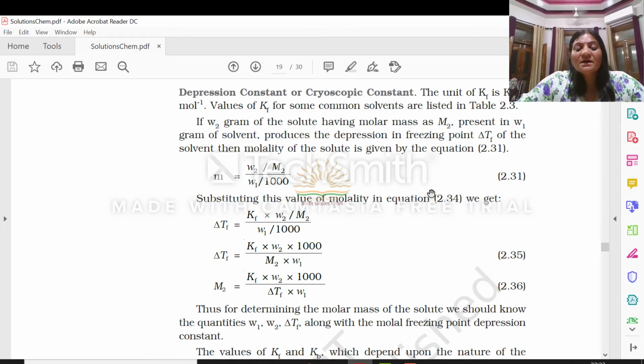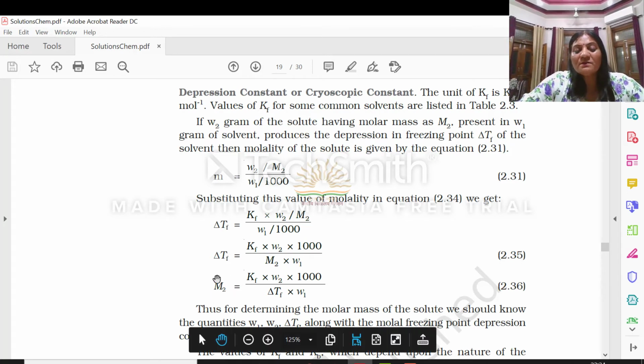Same equation, molality is denoted by this, number of moles of solute, non-volatile solute W2 divided by M2 dissolved in 1000 gram of solvent. Now when we put this value in the equation, delta TF is equal to Kf into m, then we get this equation.